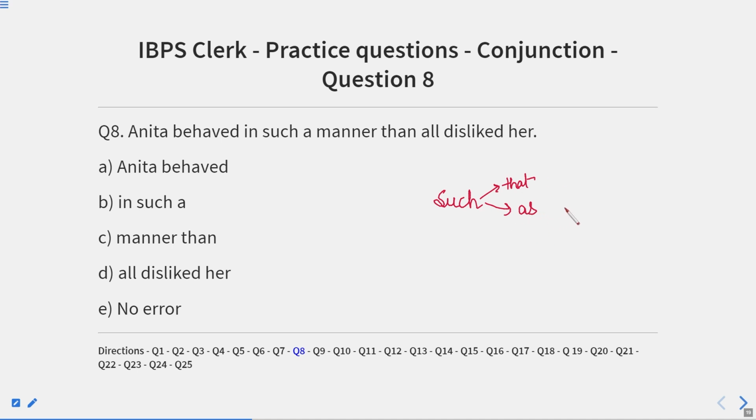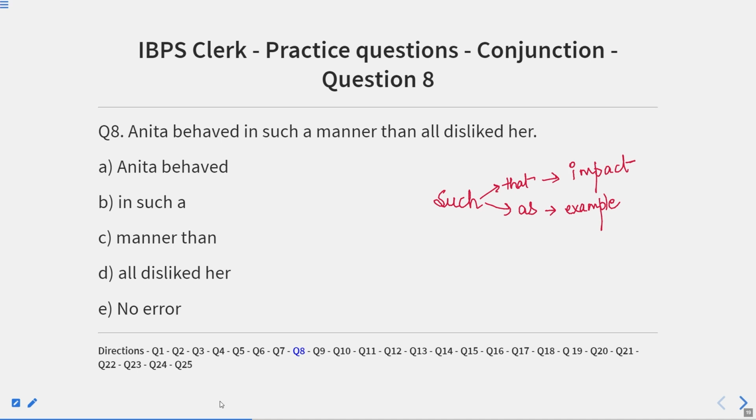Such as shows the examples, and such that shows the impact or the influence. For example, animals which live in water are known as aquatic animals, such as fish, blue whale, octopus, and so on. There I'm showing the example, so I use the phrase such as.